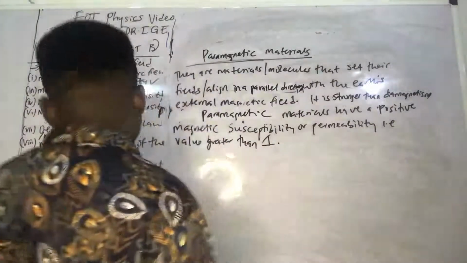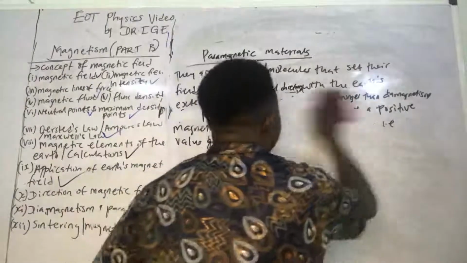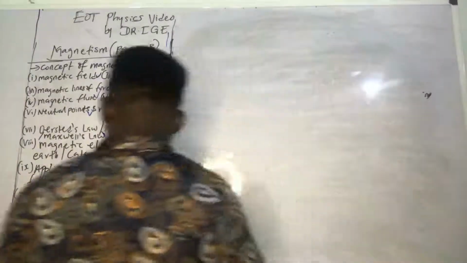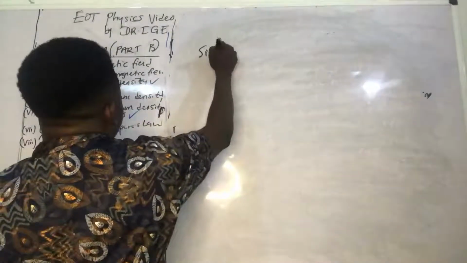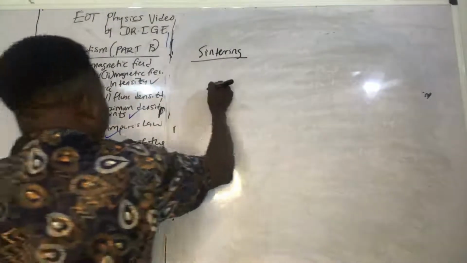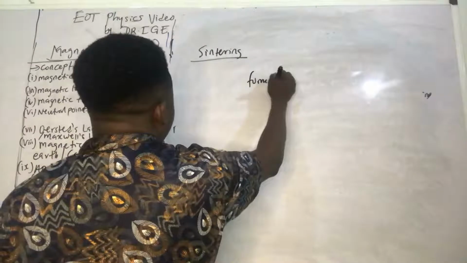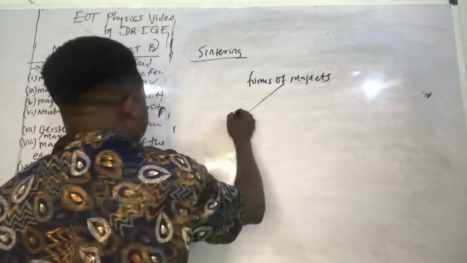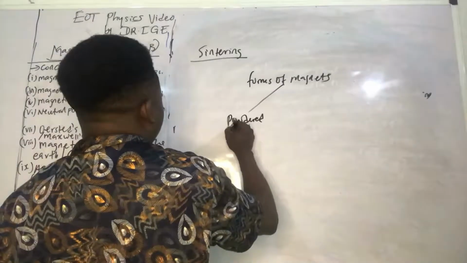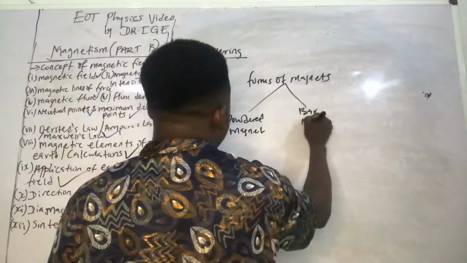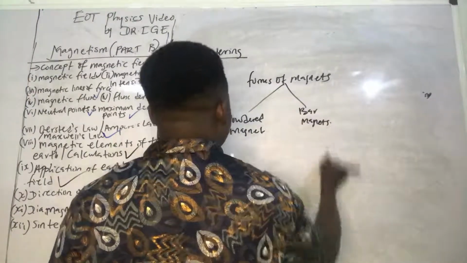So that's the difference. Let's talk about the last thing here, sintering. Now we have two forms of magnets. It can be a powdered magnet, or we also have a bar magnet.